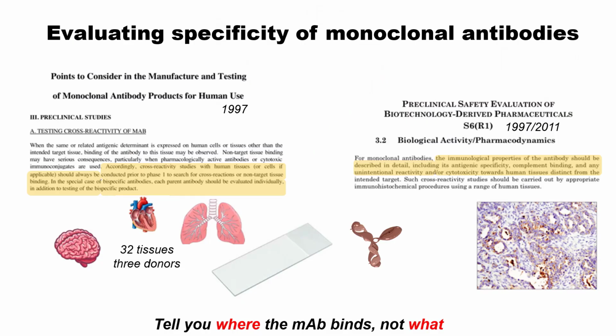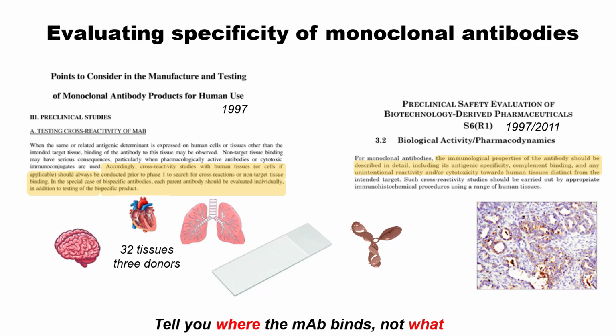Now, the history of the technologies that we use for this comes from guidance documents from the FDA and from ICH, originating in 1997, that advised sponsors to take antibodies and pan them across tissue sections, 32 human tissues from 3 donors, and evaluate where your antibody is binding by immunohistochemistry techniques.